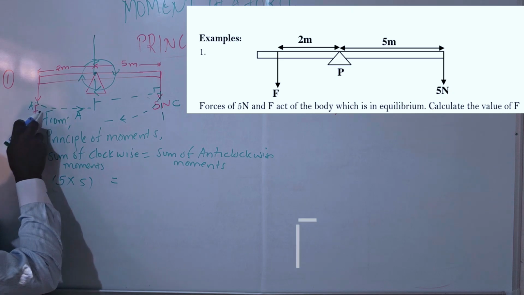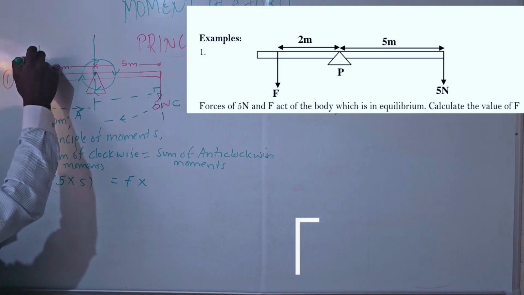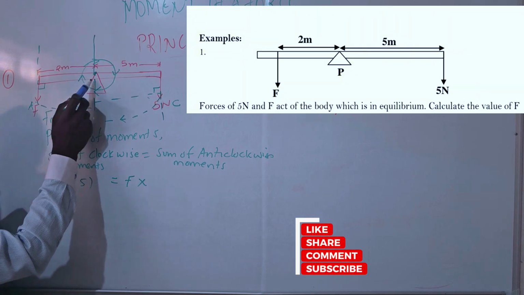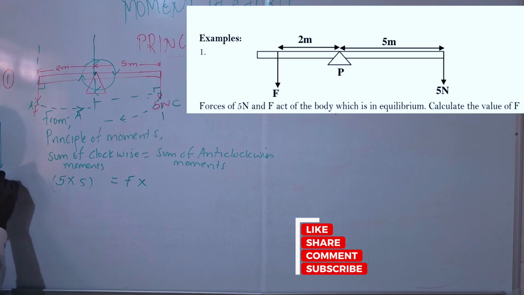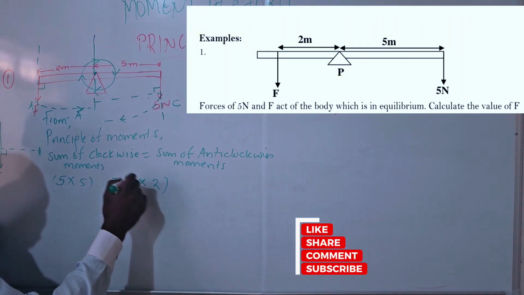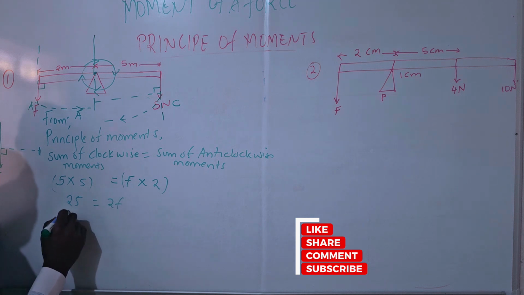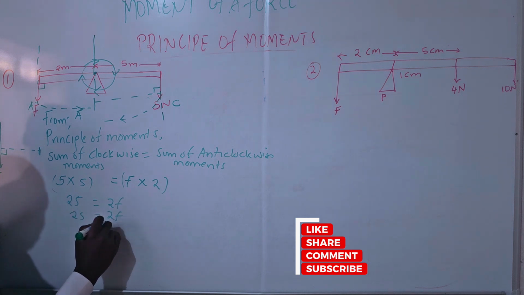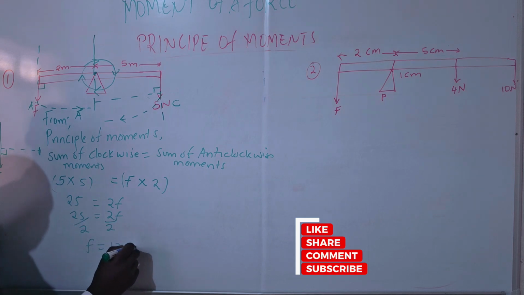That is F times the distance which is perpendicular from the turning point. This is the perpendicular distance from the turning point. It is 2 meters. So this gives us 25 is equal to 2F. Divide by 2 on both sides. F is equal to 12.5.